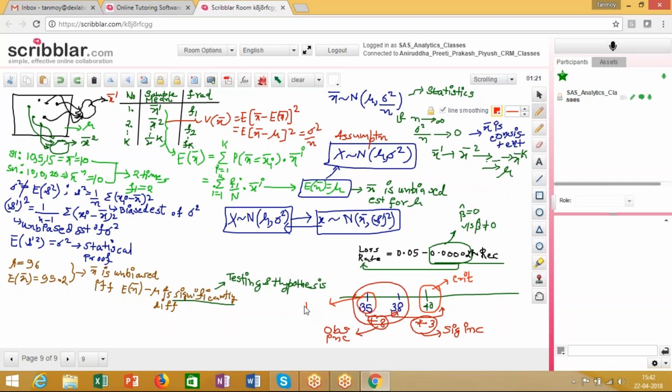By comparing the critical and the actual, we decide whether an increase, decrease, or change, a difference, is significant or it is just an observed difference. So that is how we decide on that. Clear? So this is what a significant and an observed difference is.